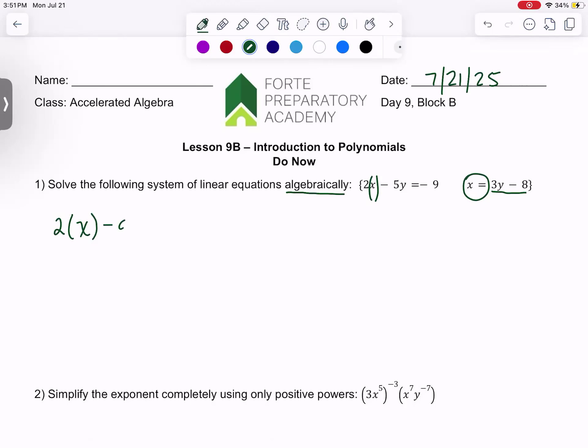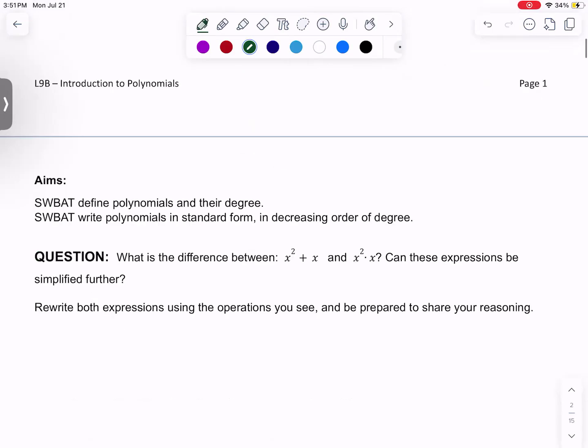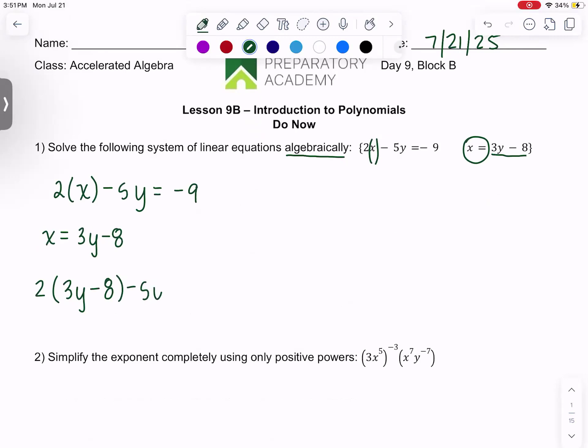2 parentheses x minus 5y equals -9. So if we know that x equals 3y minus 8, then it should be 2 parentheses 3y minus 8, minus 5y, equals -9.